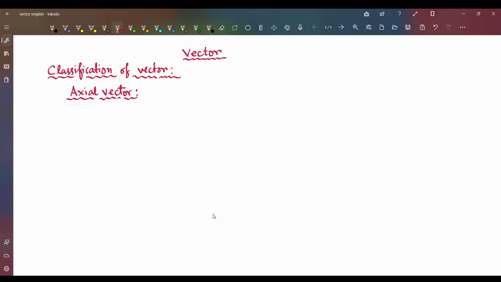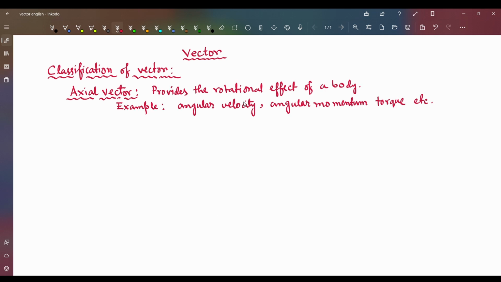Axial vector represents the rotational effect. When a particle or an extended body rotates about a fixed axis of rotation, then its angular velocity, angular momentum, torque, etc. are represented by axial vector. Now I explain the angular velocity as axial vector.